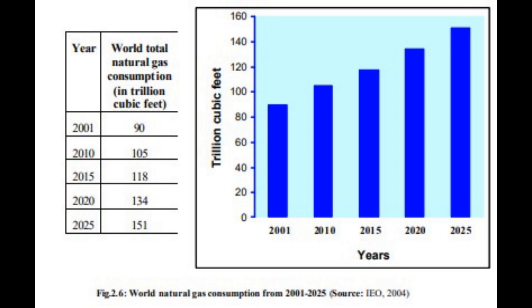Therefore, natural gas use is not expected to grow enough in the developing world to accommodate all of the increased demand for energy. Look at the screen. Fig. 2.6 World natural gas consumption from 2001 to 2025.